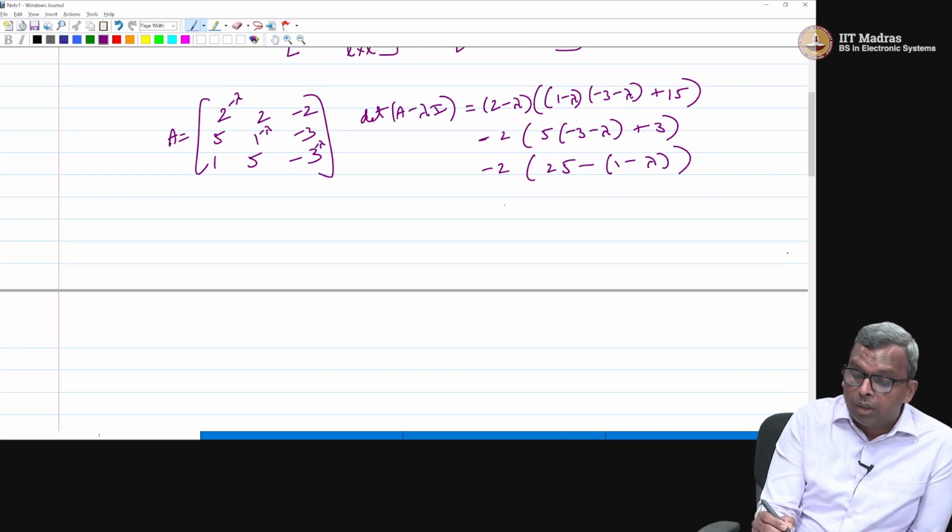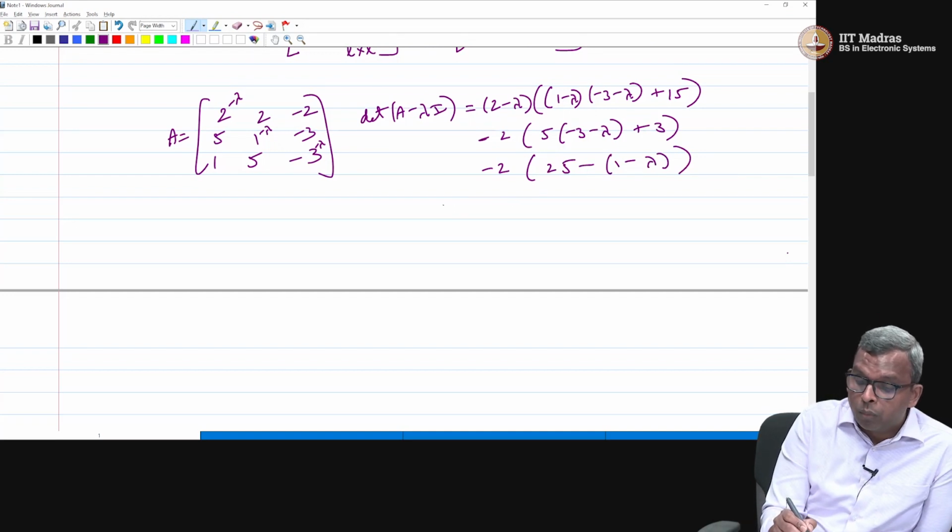This is a bit interesting. Let's just do the multiplication of 2 minus lambda: I'm going to get lambda squared, then 3 minus 1, 2 lambda, and then minus 3 plus 12.